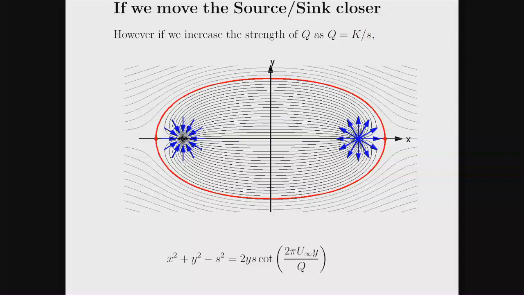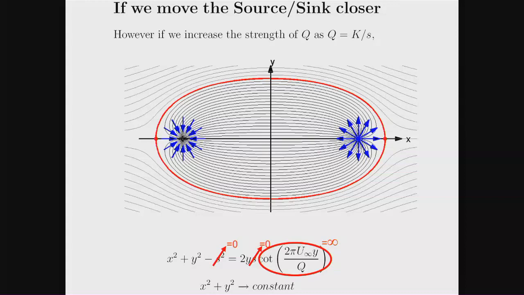Basically, as S approaches 0, your Q increases and approaches infinity, such that Q multiplied by S gives you a constant K. If we do that, we know that this S term goes to 0, but this cotangent term goes to infinity, and what we have is the right-hand side here tending to a constant.